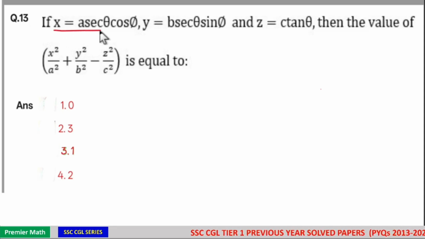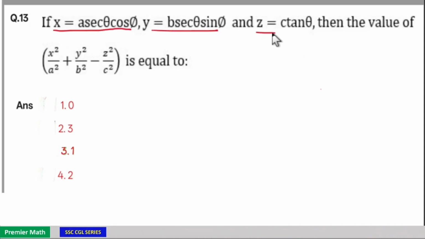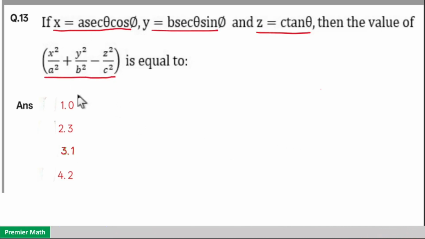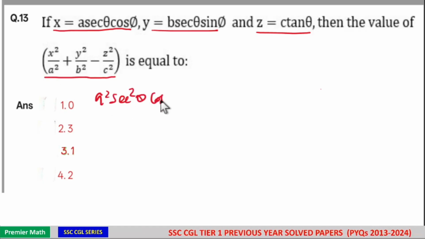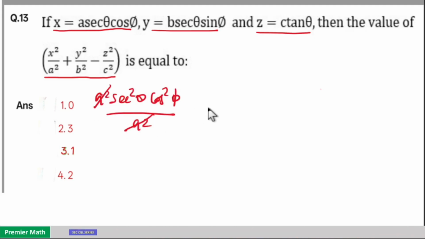If x is equal to a sec theta cos phi, y is equal to b sec theta sin phi, and z is equal to c tan theta, then the value of x square by a square plus y square by b square minus z square by c square is. Take the square of x. Then x square by a square becomes a square sec square theta cos square phi divided by a square. a square cancels.